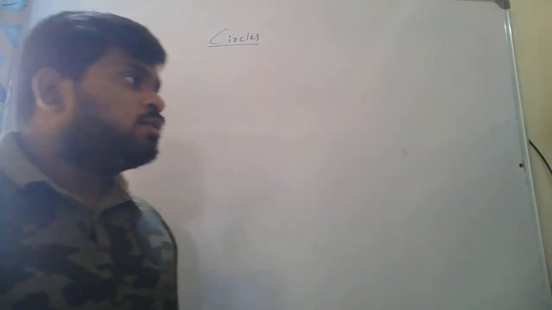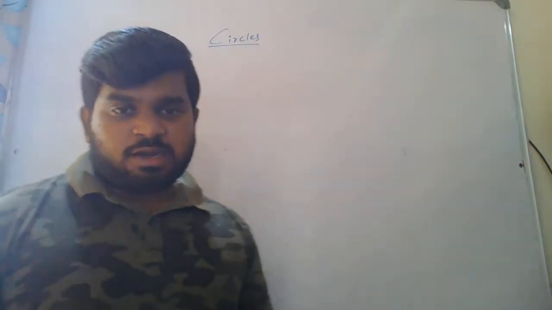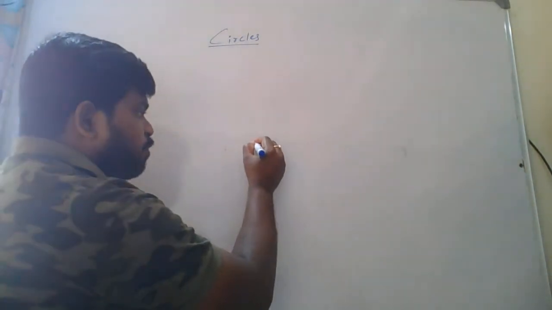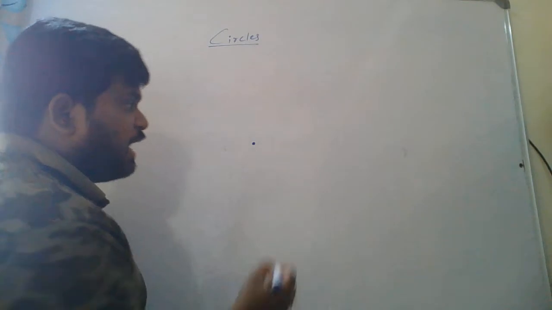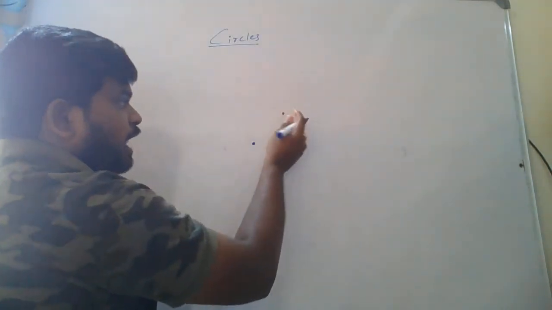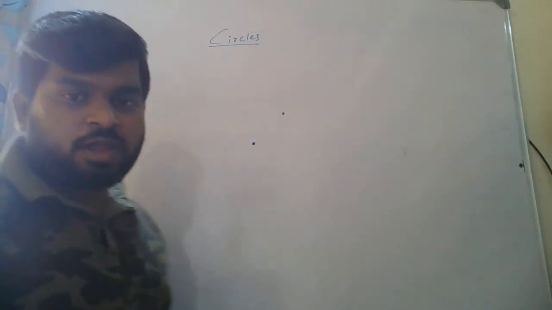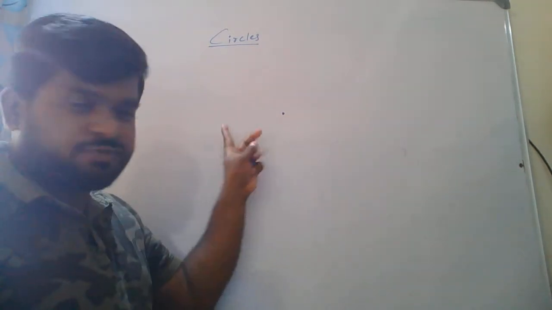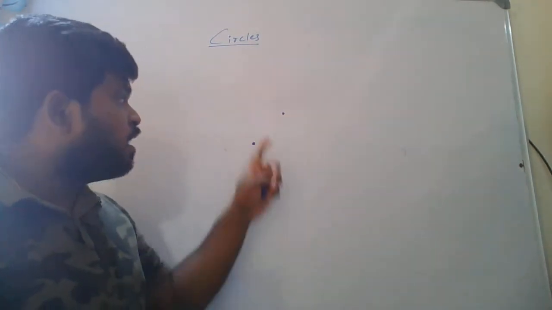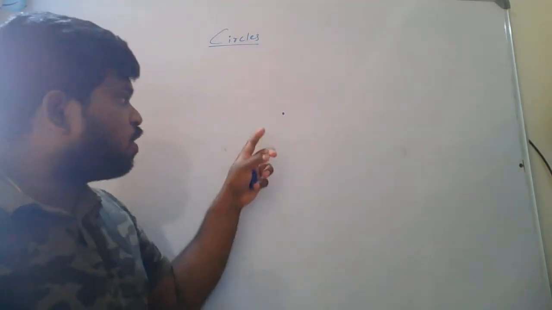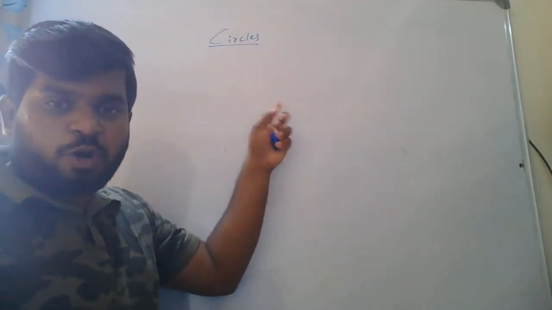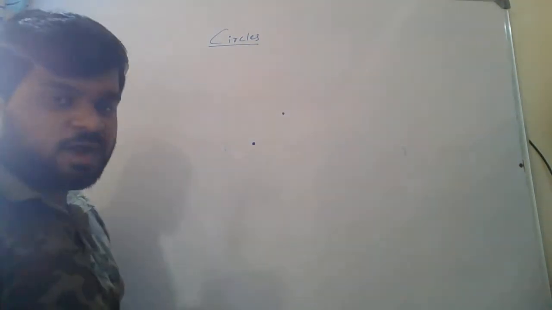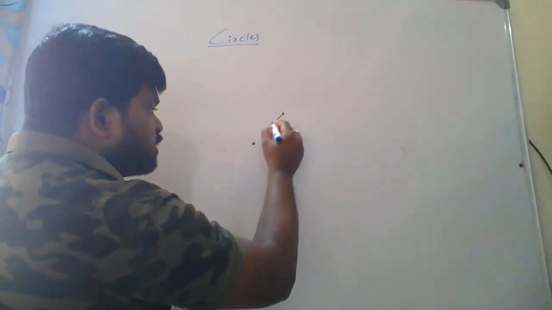So in a circle, you have something called a fixed point. Let's take a point and just rotate it, or let's make this point move. I'll take a point, it is fixed. Let's take another point and make this point move in such a way that it is always at a fixed distance.